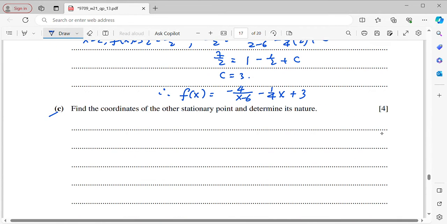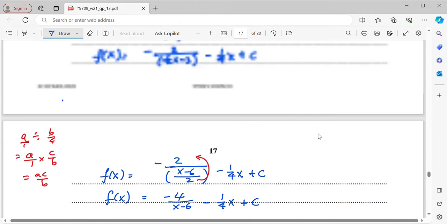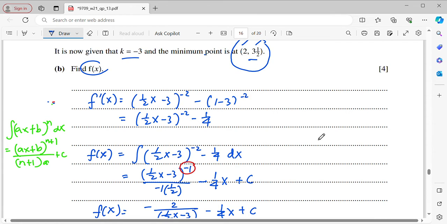Okay, part C, find the coordinates of other stationary points and determine its nature. So now, to get stationary points, let f prime x be 0. So now our f prime x is (half x minus 3) to the power of negative 2 minus 1 over 4. So let this be 0.